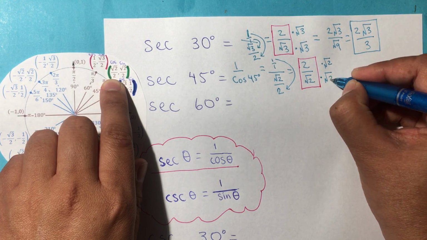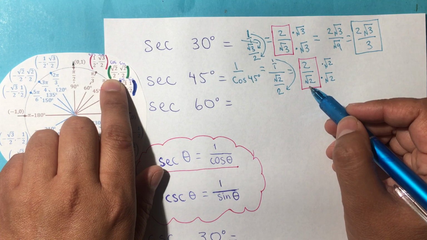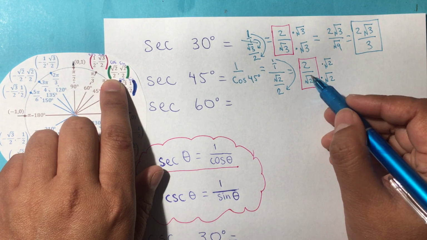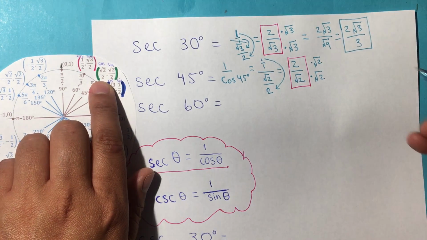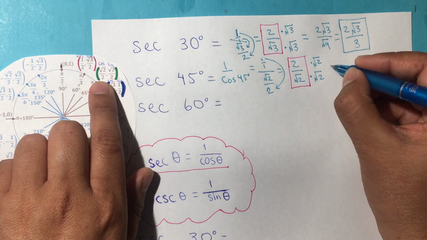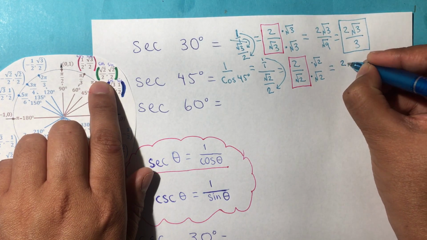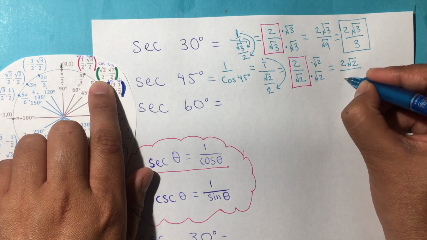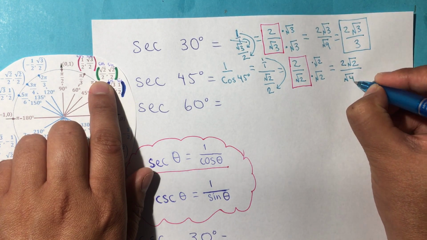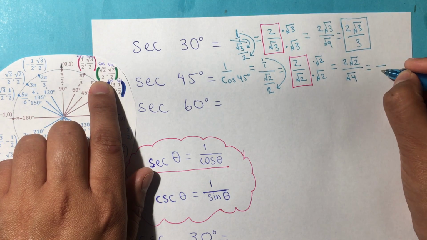Why do we have to simplify? Because we cannot have a square root in the denominator. To get rid of it, you multiply by itself, and that's the square of whatever is inside. So the square cancels the square root. 2 times the square root of 2 is 2 square root of 2, over square root of 2 times the square root of 2, which is square root of 4, which is 2.